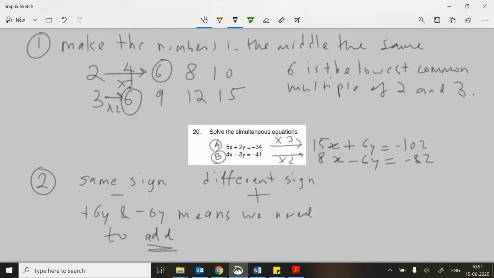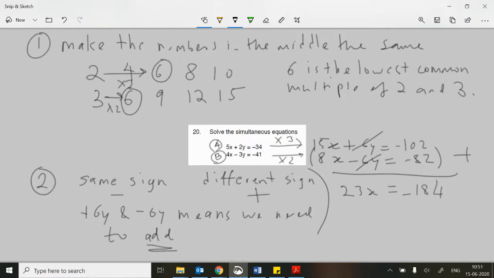Okay, so we're going to add these two things together now. Let me do it to the side. Wish I'd given this a bit more room really. So we're going to plus these two things together, and we're going to get 23x, and the 6y and the minus 6y are going to cancel because plus 6 and plus minus 6 becomes 0, and we'll get a total here of minus 184.